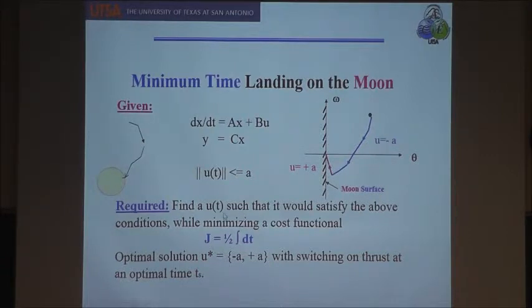So find the control U such that it would satisfy the above conditions, these four equations, while minimizing the cost function, 1/2 of the integral dt. What is this? This is nothing but time, which goes from the Columbia orbiter around the Moon to the soft landing on the Moon.